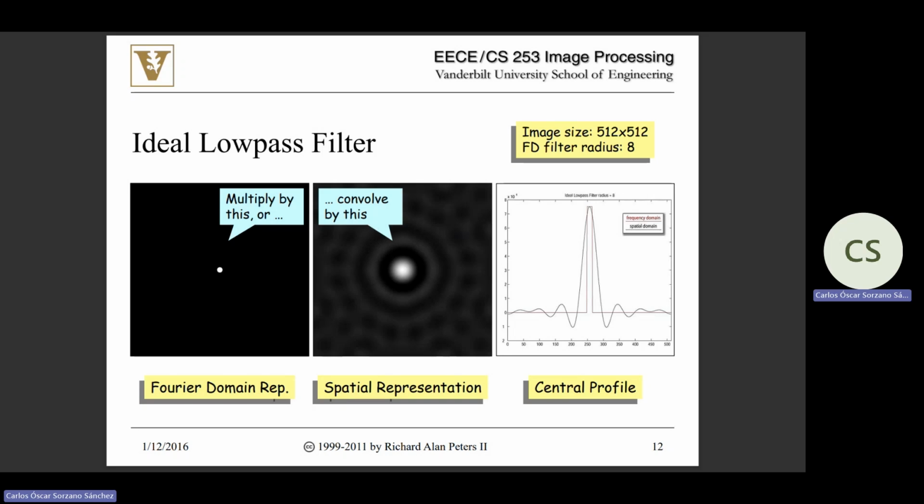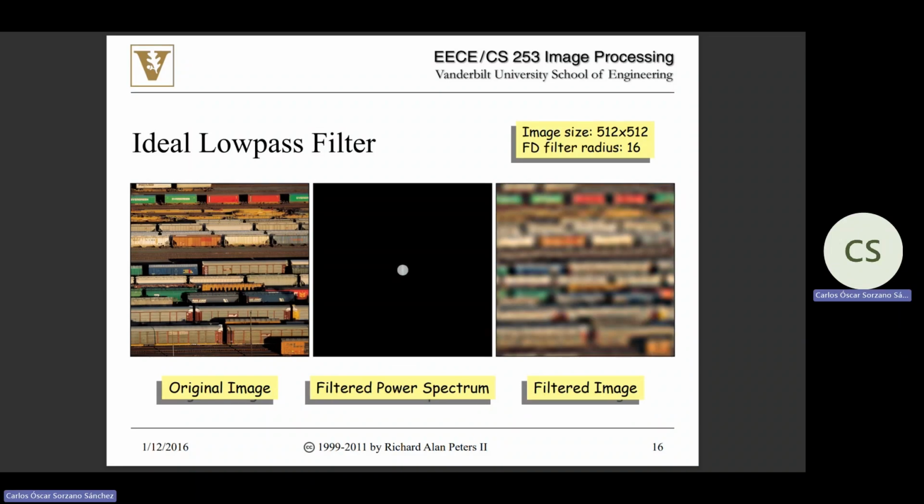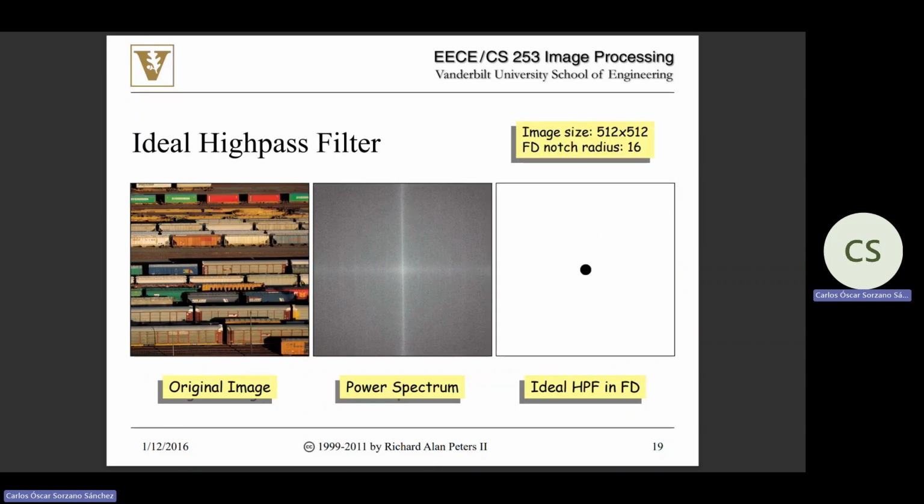The ideal low pass filter is 1 up to a frequency and then 0. That is the ideal low pass filter. And the impulse response of that oscillates, because you know that the impulse response is a sinc, in 1 dimension. In 2 dimensions, it is something called jinc, but something that oscillates. In the Gaussian, the Fourier transform of the Gaussian is another Gaussian, so there are no oscillations. So that's better.